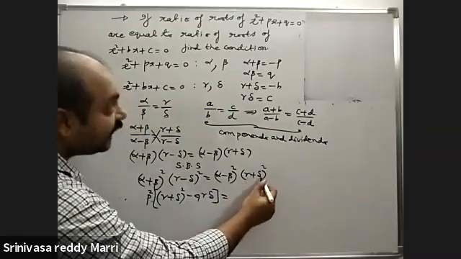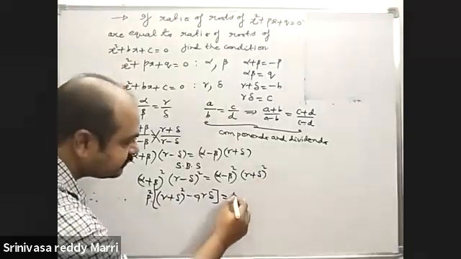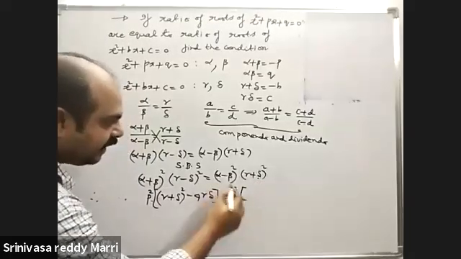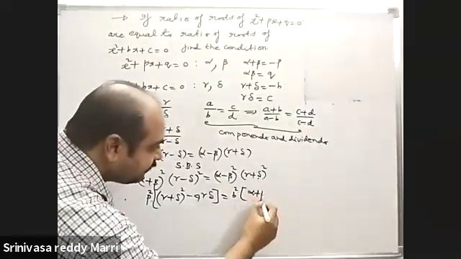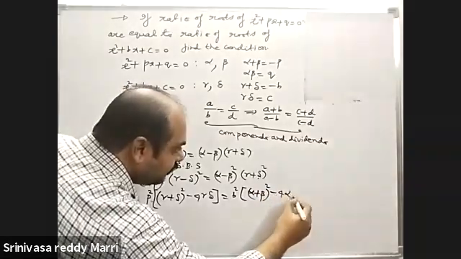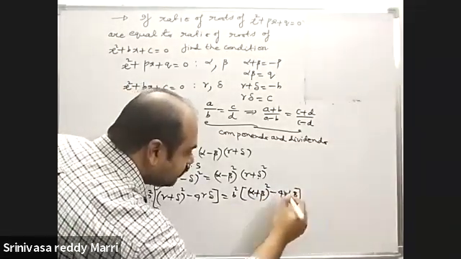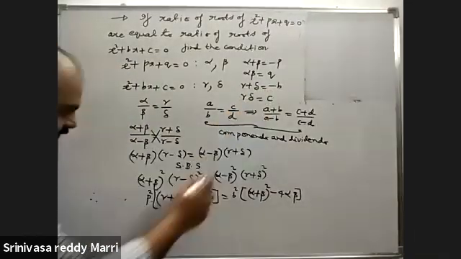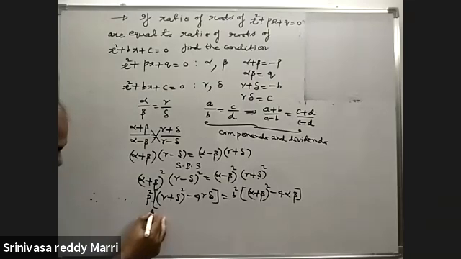Now this is gamma plus delta whole square, which is b square. This b square I have written here. Alpha minus beta whole square can be written as alpha plus beta whole square minus 4 alpha beta. Now you can substitute this one, p square into gamma plus delta whole square.